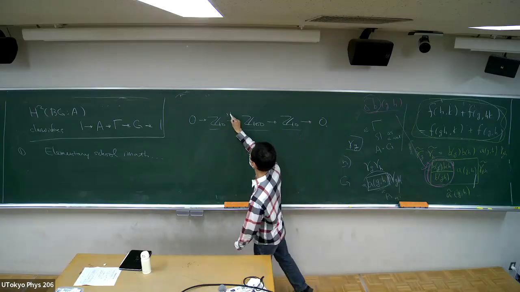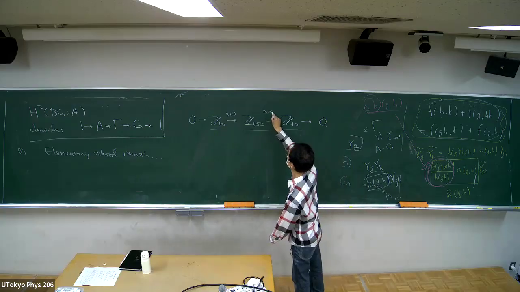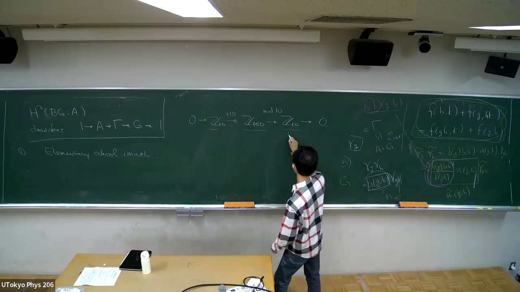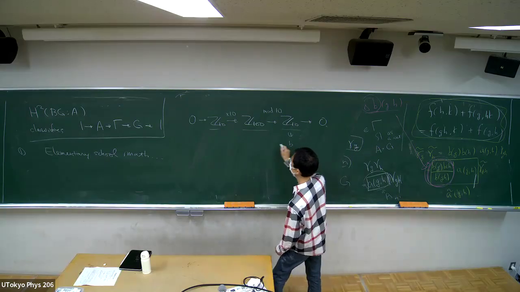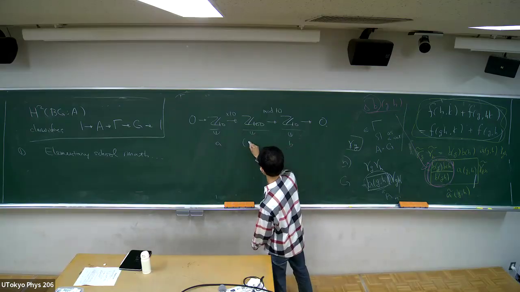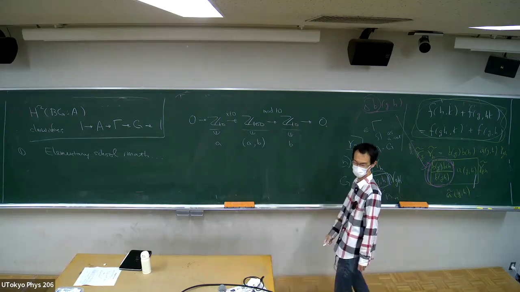So this map is given by multiplication by 10. And this map is given by modulo 10. So let's denote this element A, B, and this element A. And denote this element by A comma B.